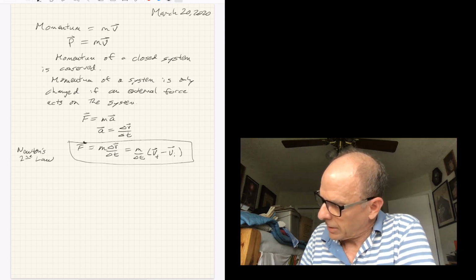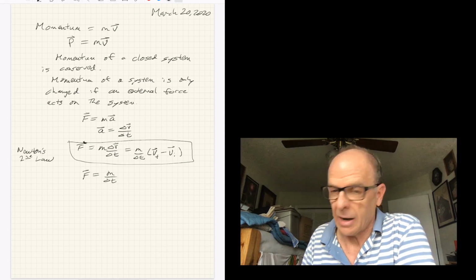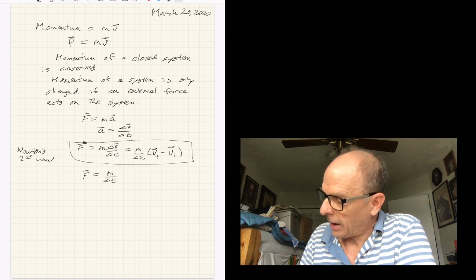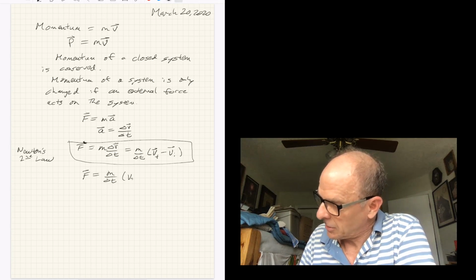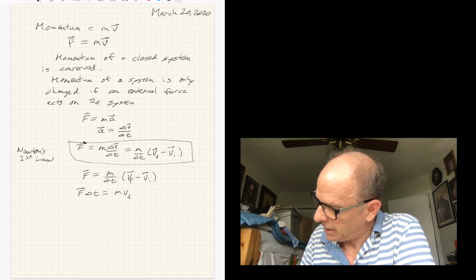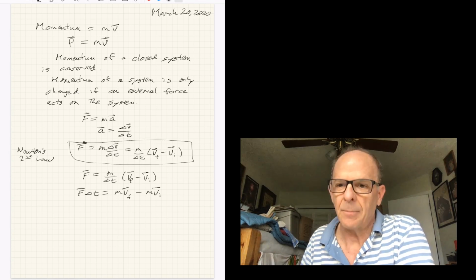And we've rewritten it to say that the force acting on something is equal to the mass of that something divided by the time over which that force is acting on it times the change in velocity. And if we write that out, I can multiply both sides by delta t. I get F delta t equals m v_f minus m v_i.